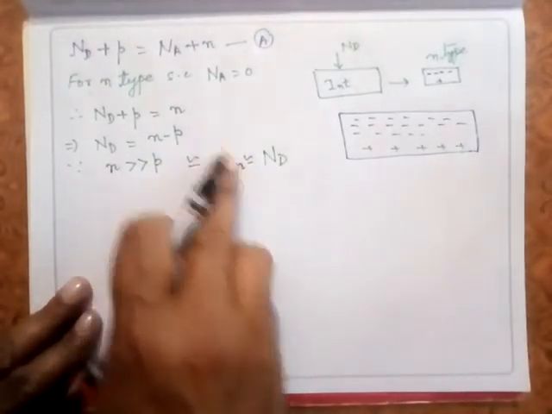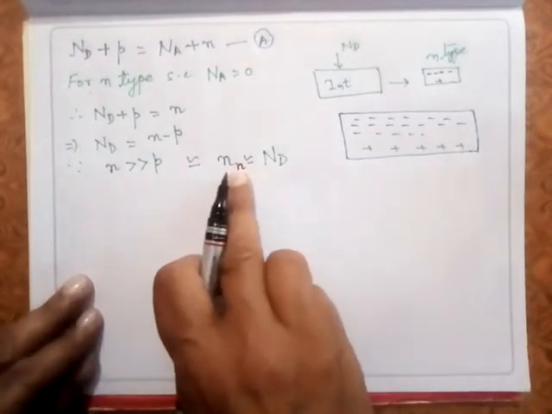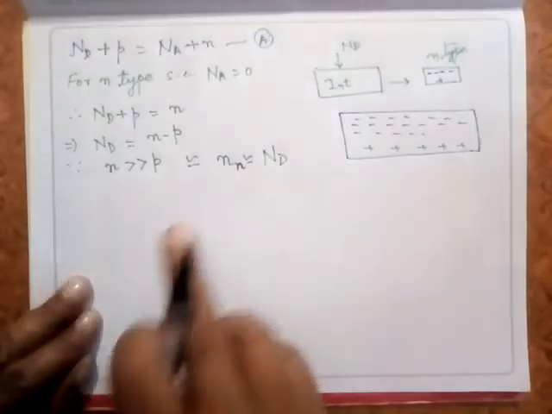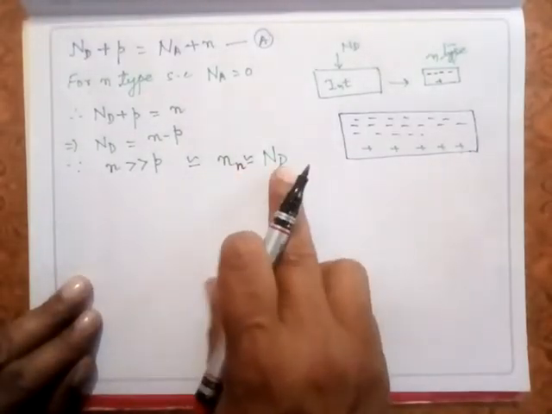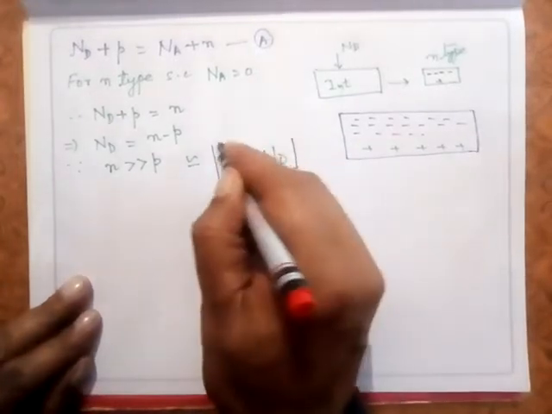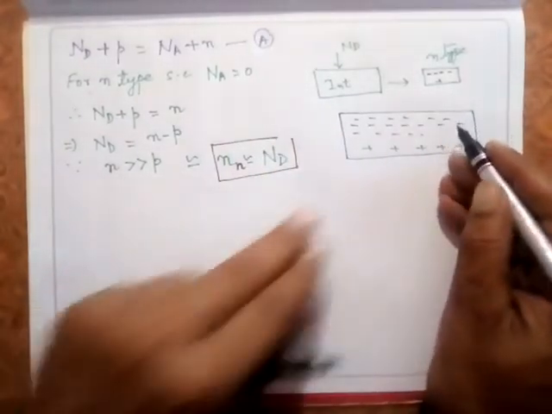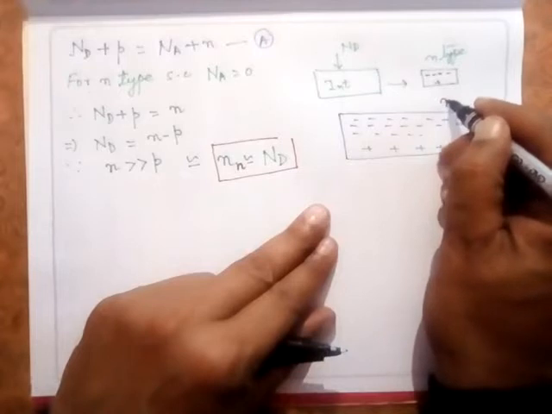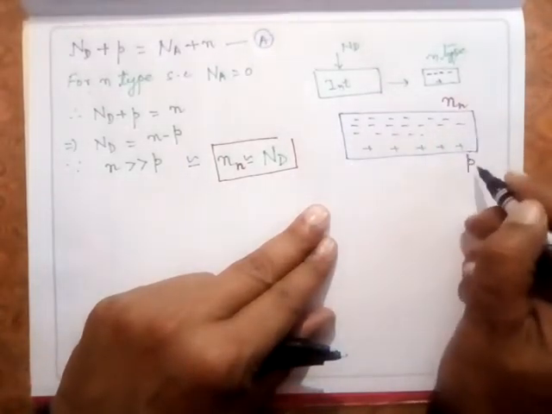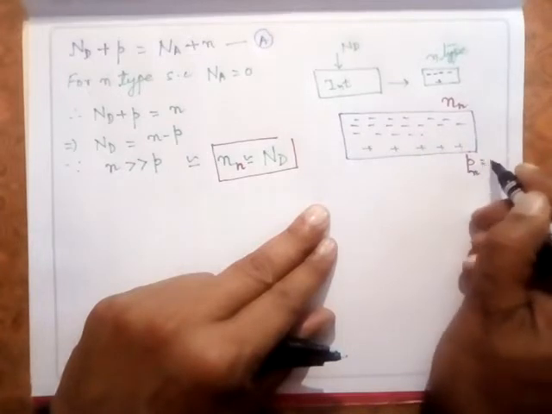This suffix n indicates which type of semiconductor it is. So the number of electrons in N type semiconductor is approximately equal to Nd. That is what I am interested in: the number of electrons in N type semiconductor and the number of holes in N type semiconductor.